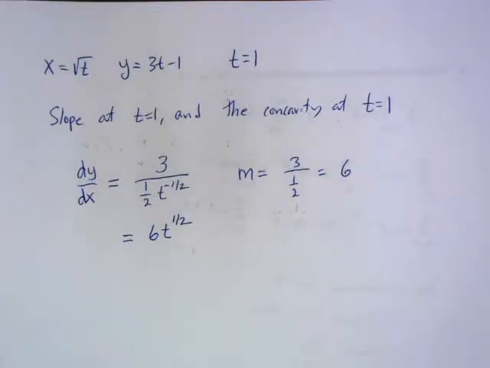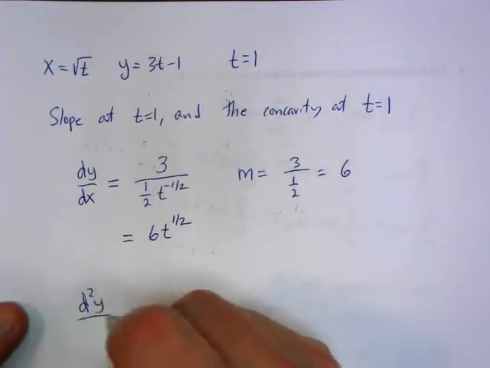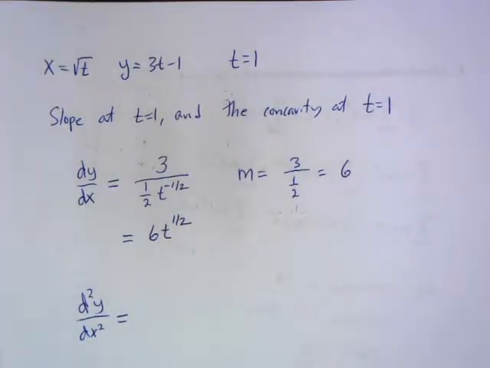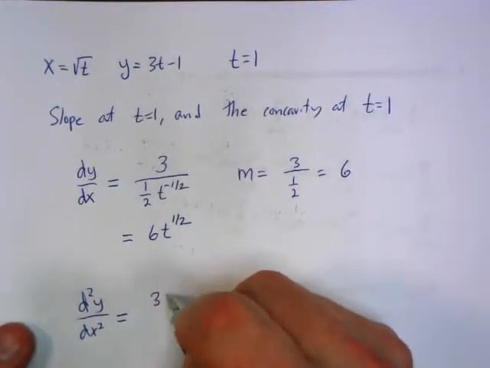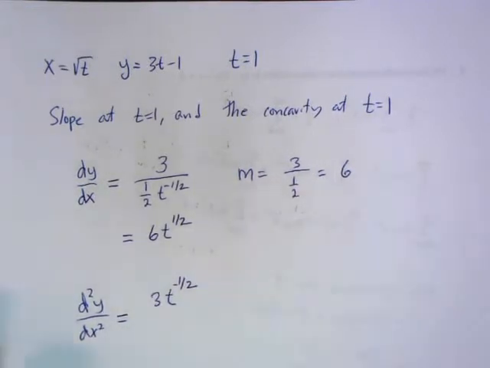Okay, how do I find the concavity? Second derivative. What's the second derivative? Three t to the negative 1/2. That's partially correct.